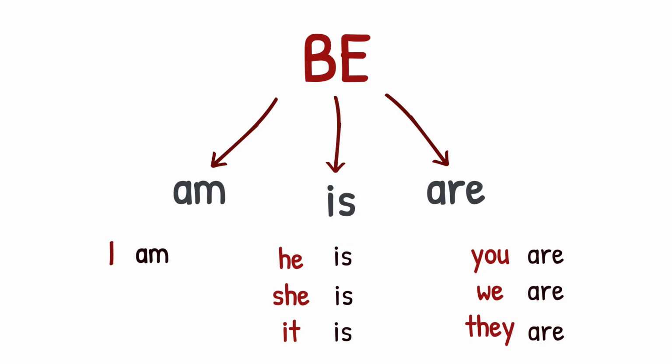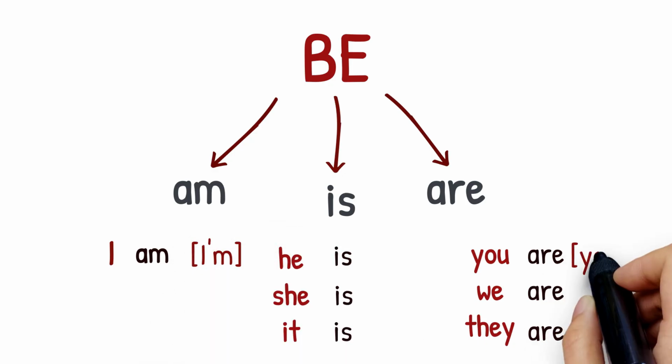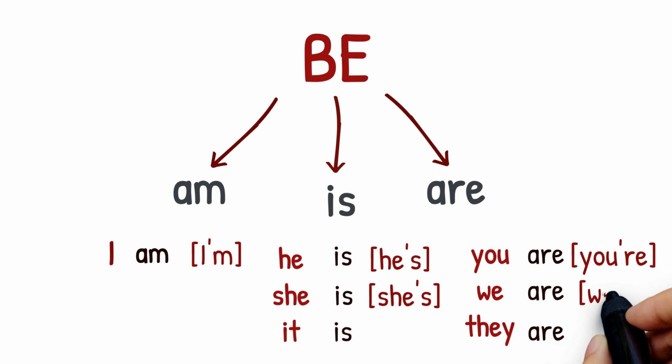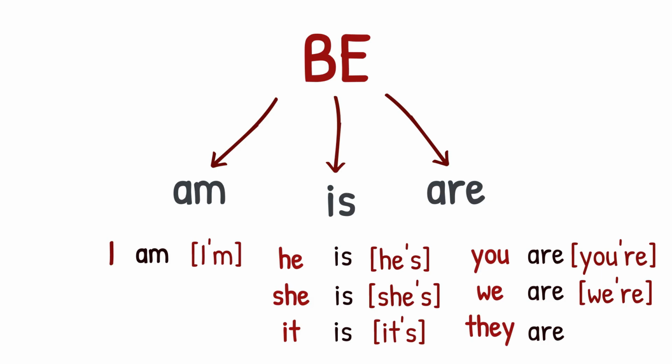We often use the following contractions: I'm, you're, he's, she's, we're, it's, they're.